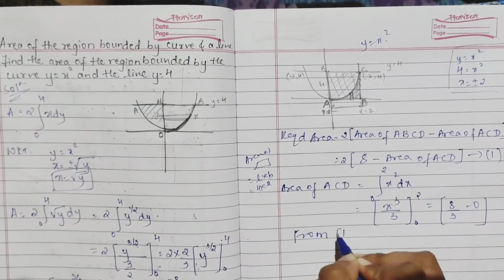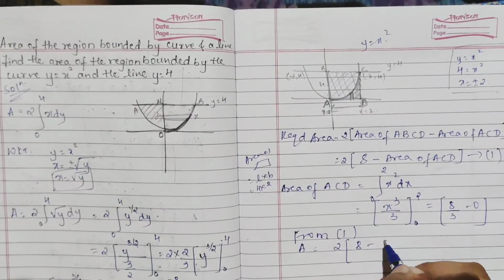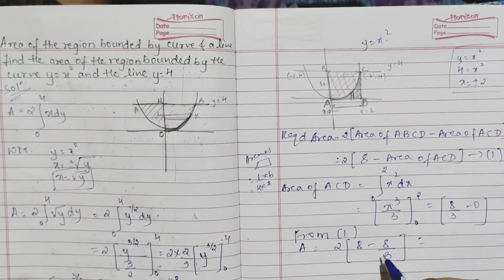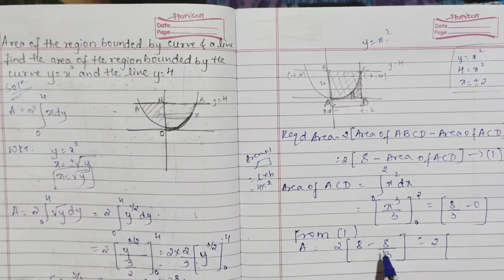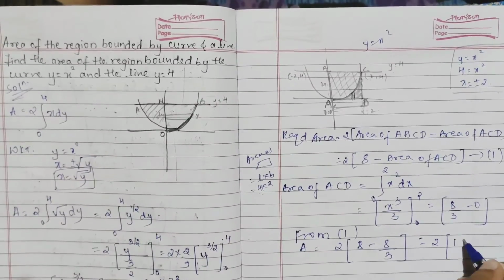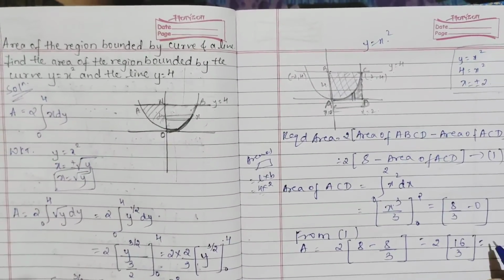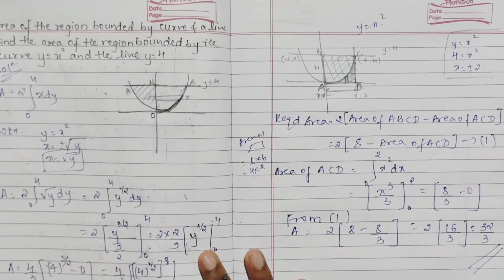So from 1 what will we get? A is equal to 2 times 8 minus 8 by 3. Take the LCM: 8 into 3 is 24, 24 minus 8 is 16. 16 into 2 is 32. So 32 by 3. See, like this also you will get the same.